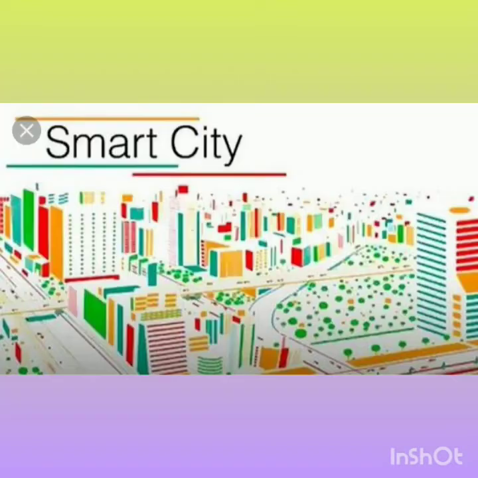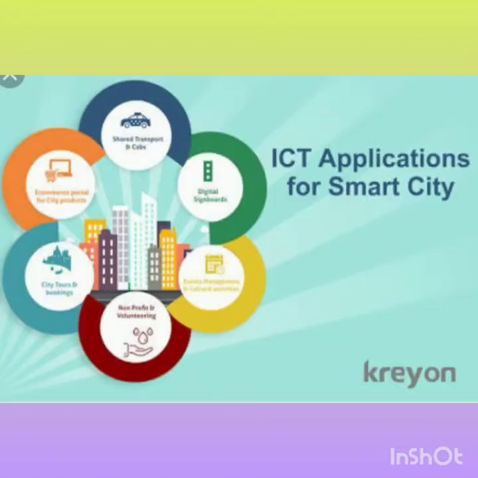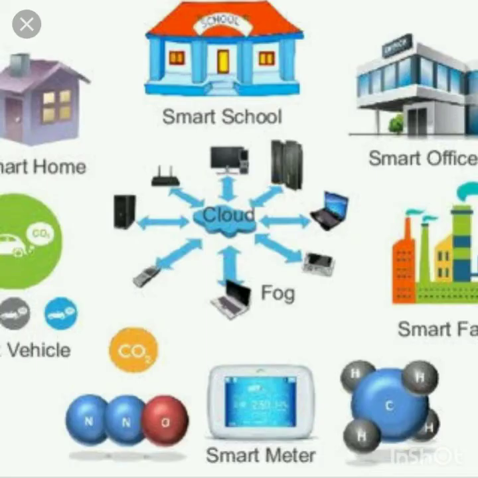Next is smart cities. So, what are smart cities? A smart city is a modern city where information and communication technology, that is ICT, and the internet are used to improve the infrastructure and the management of the city.